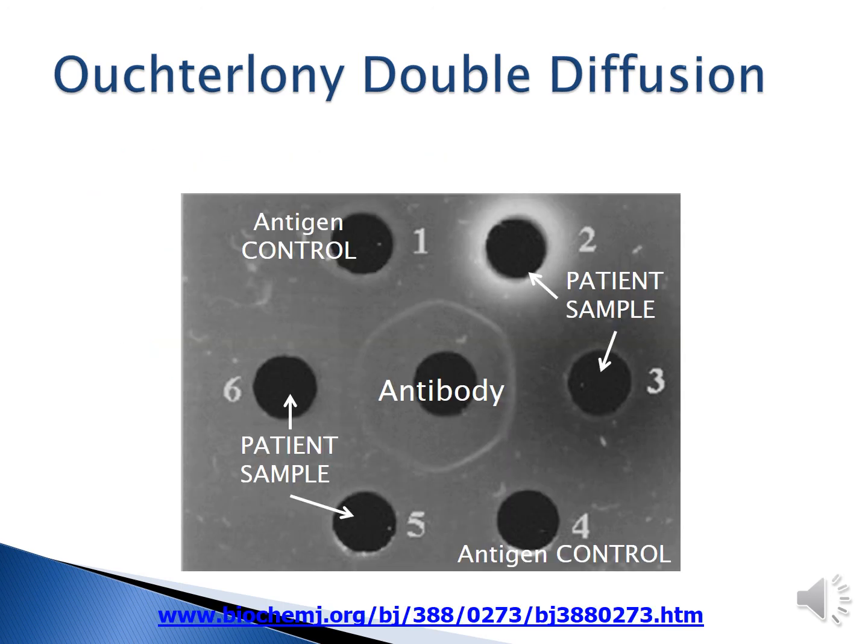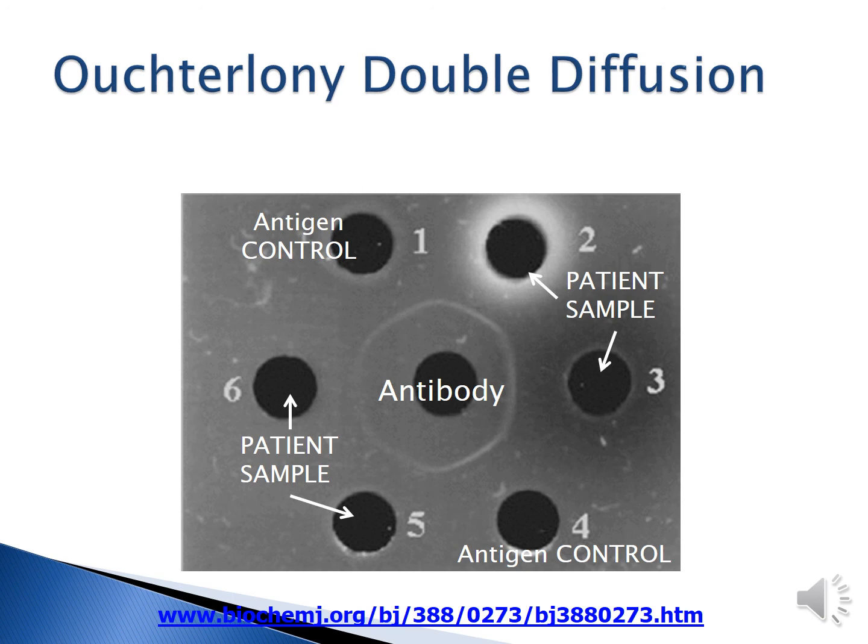So here's a picture of the Ouchterlony double diffusion. We have our 6 outer wells and our center well. In this instance, we are trying to detect the unknown antigen. So we have our known antibody in the center well. We have our 2 antigen controls, our known antigens, and then our 4 patient samples of the unknown antigen.